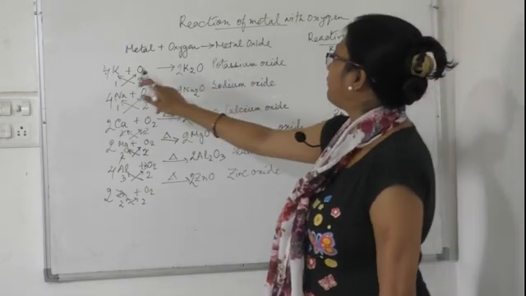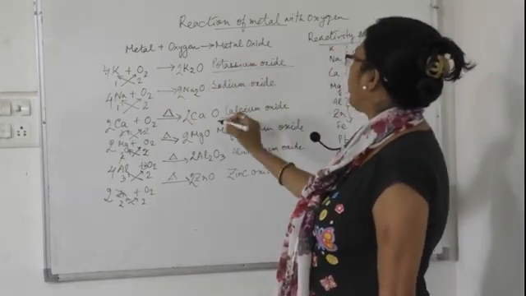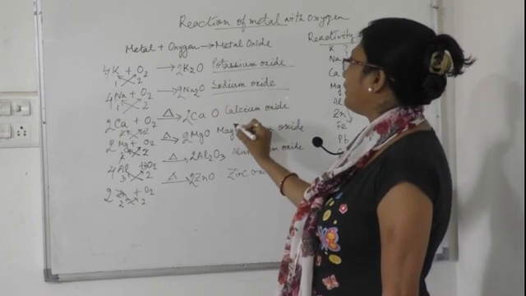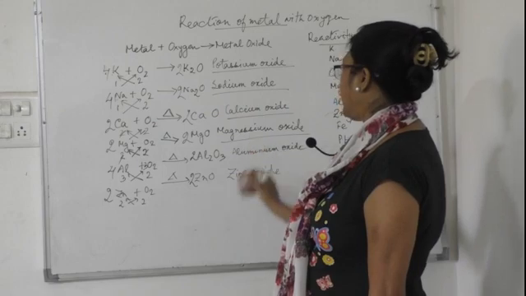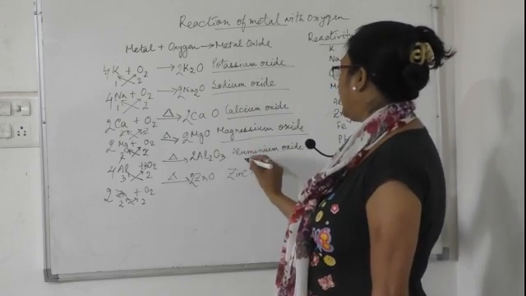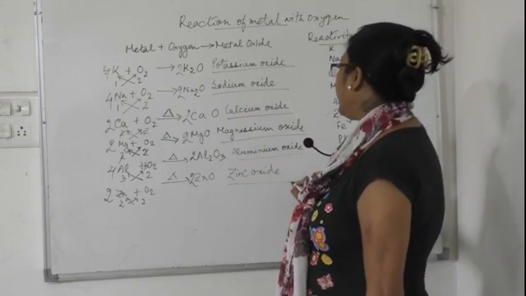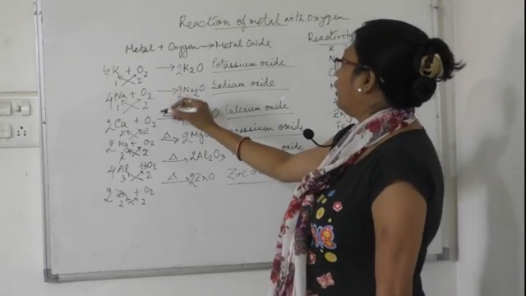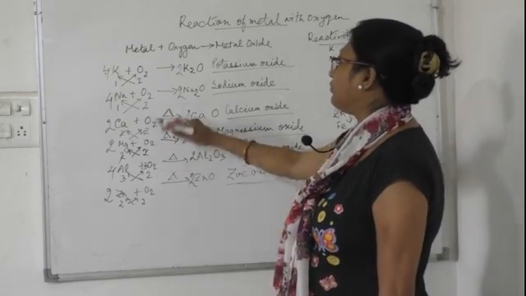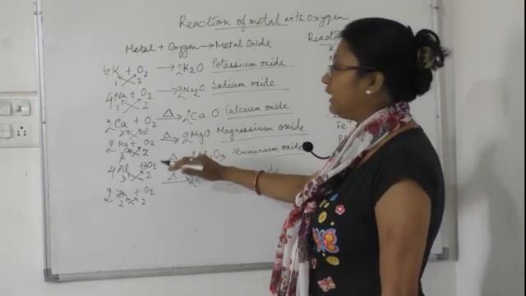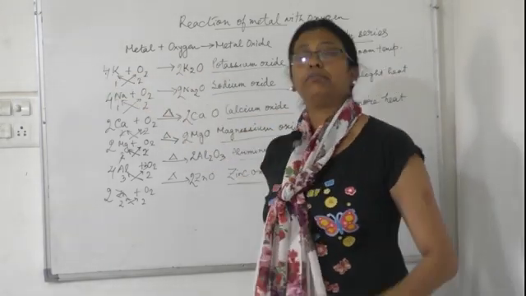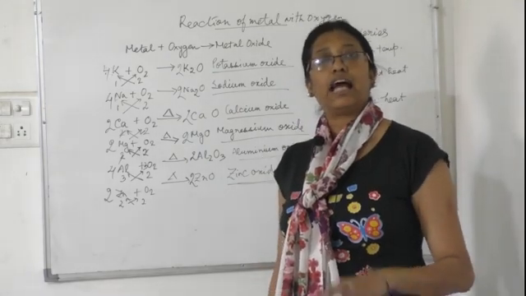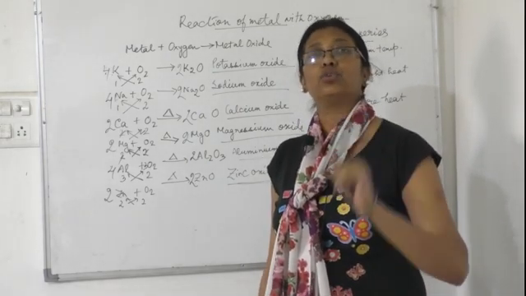So potassium is making potassium oxide, sodium is making sodium oxide, calcium is making calcium oxide, magnesium is making magnesium oxide, aluminium is making aluminium oxide, and zinc is making zinc oxide. From calcium to zinc we need to heat the metal, but sodium and potassium are so reactive that they already react in room temperature.